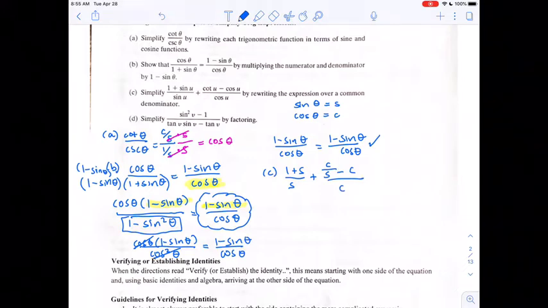So one thing that I notice is that we have multiple fractions here. So common denominator would be s times c. So LCD is s times c. So when we multiply the first fraction by s times c to force it to have an LCD of s times c, that would mean I would have to multiply the top and the bottom by c over c, and that's going to give us the sc on the bottom.